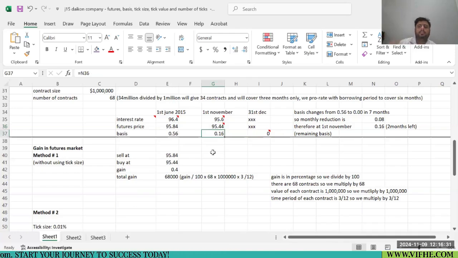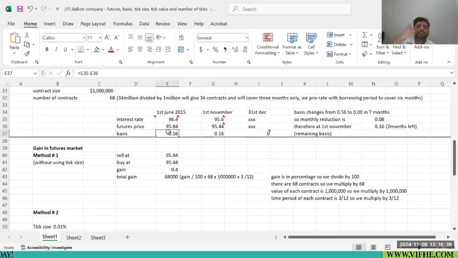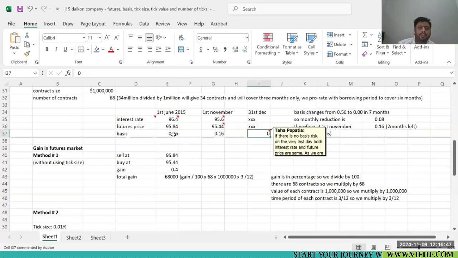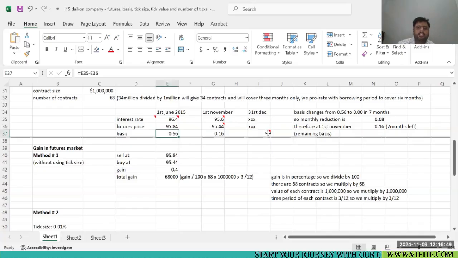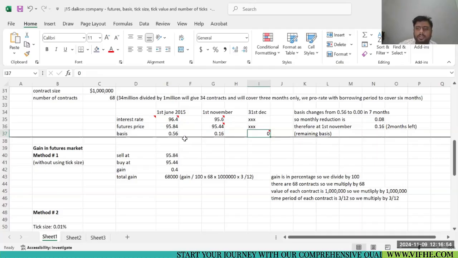Okay, basis at 1st June is 0.56. It will become 0 on 31st December. So June, July, August, September, October, November, December. 0.56 will become 0 in 7 months. Correct? 0.56 will become 0 in how many months? 7 months.